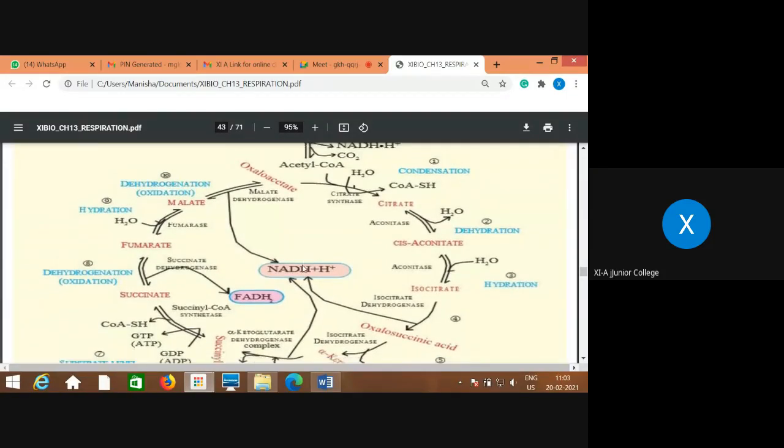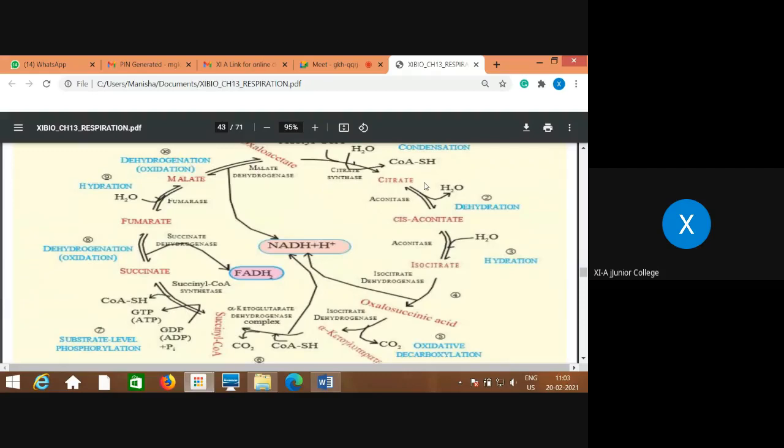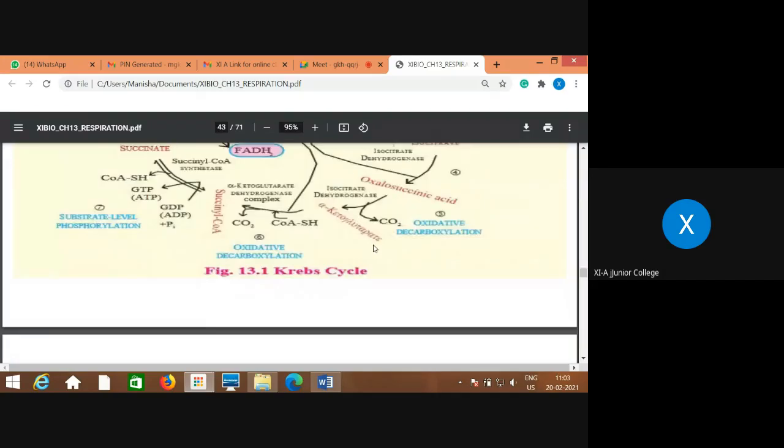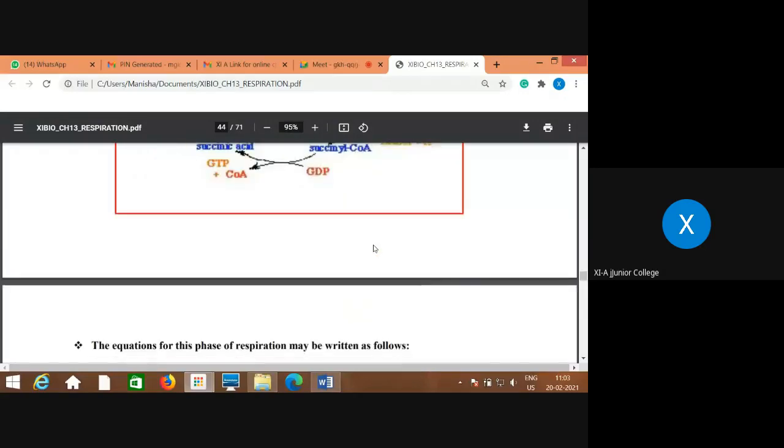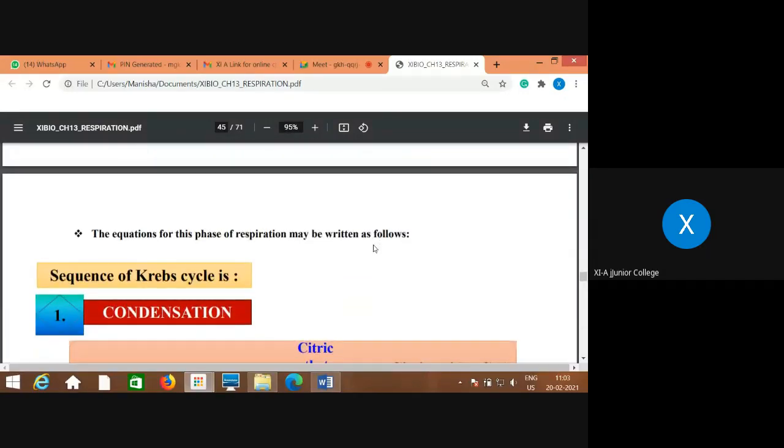Remember the sequence. And if you remember the meaning of hydration, dehydration, oxidative decarboxylation, and phosphorylation, then you will remember how the conversion takes place from 6 to 5, 5 to 4, and so on. That decarboxylation is removal of carbon in the form of CO2. In this way you have to learn, and this you have to learn by heart only.